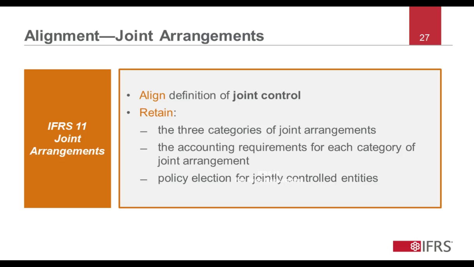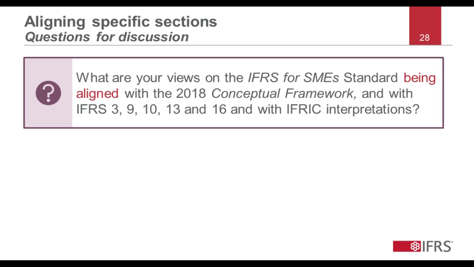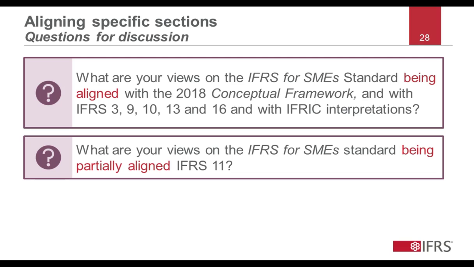Retaining those three categories of arrangements would mean that we could keep the current accounting requirements that are in the IFRS for SMEs standard, and particularly keep the policy election around the use of fair value equity method for jointly controlled operations. So the RFI, as I said, seeks views on standards that are being aligned.